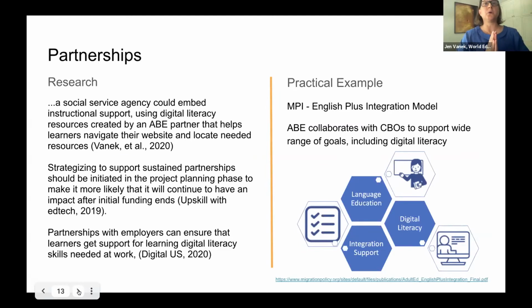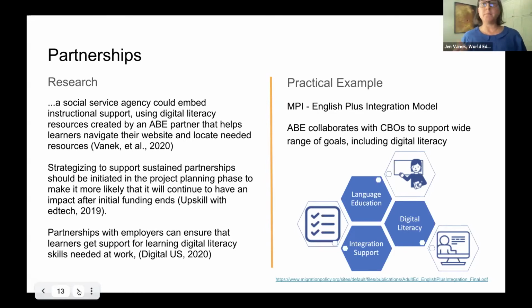Partnerships play a critical role in supporting technology integration because they help education providers leverage resources from organizations that have a like mission or might support the same types of learners. Partnerships can make certain that learners have access to digital learning opportunities beyond what happens in a formal education.